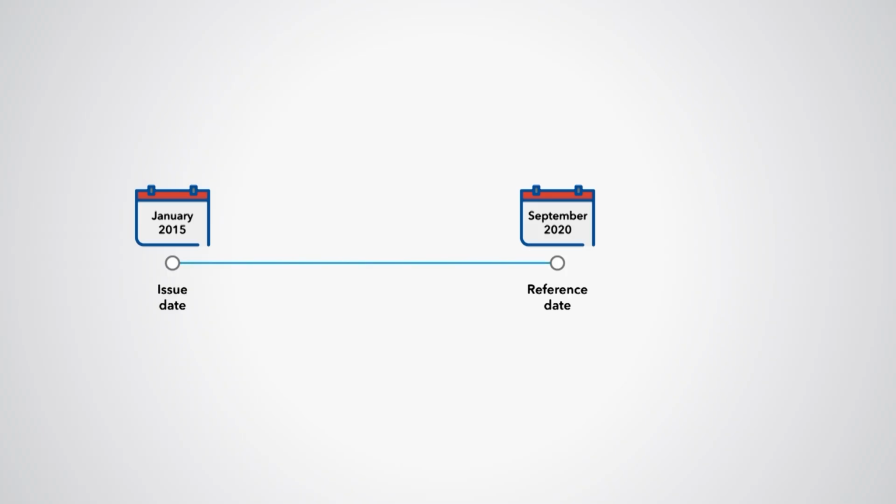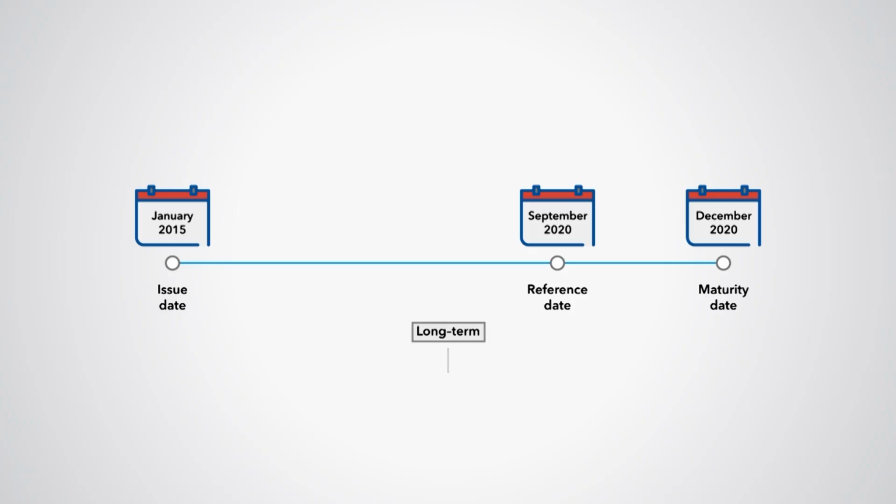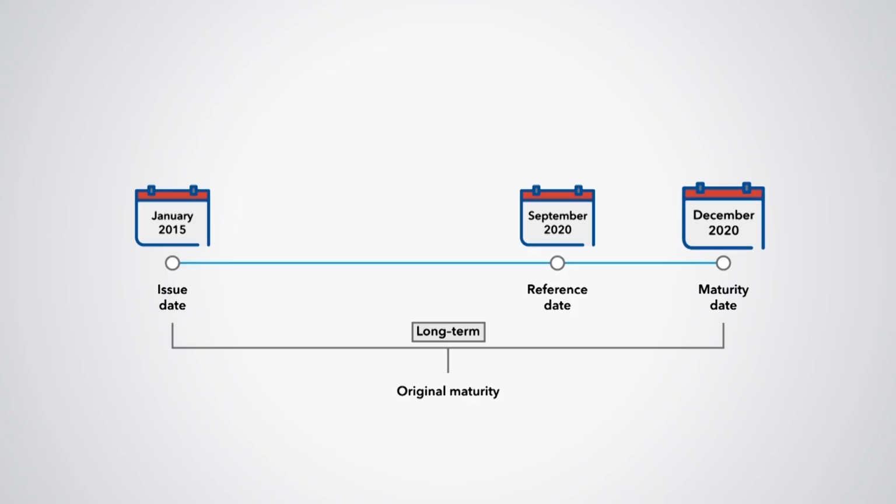For example, in September 2020, the maturity of a loan that was granted in January 2015 and is due for payment in December 2020 would be long-term according to the original maturity because the period from the issue date, January 2015, until the final contractually scheduled payment, December 2020, is more than 1 year.